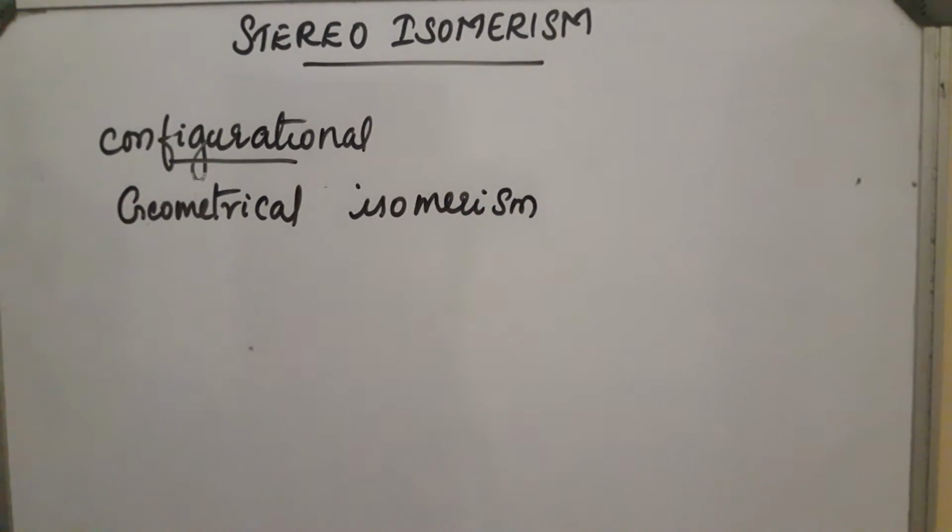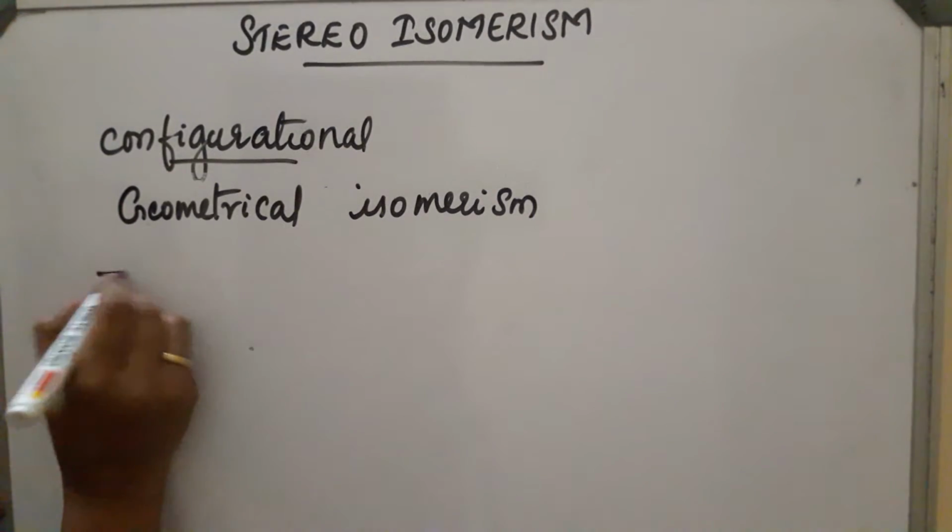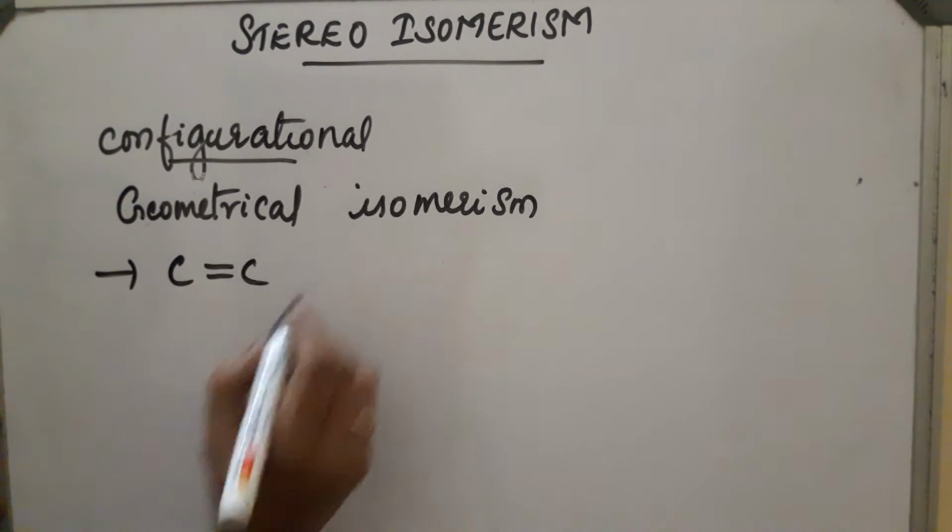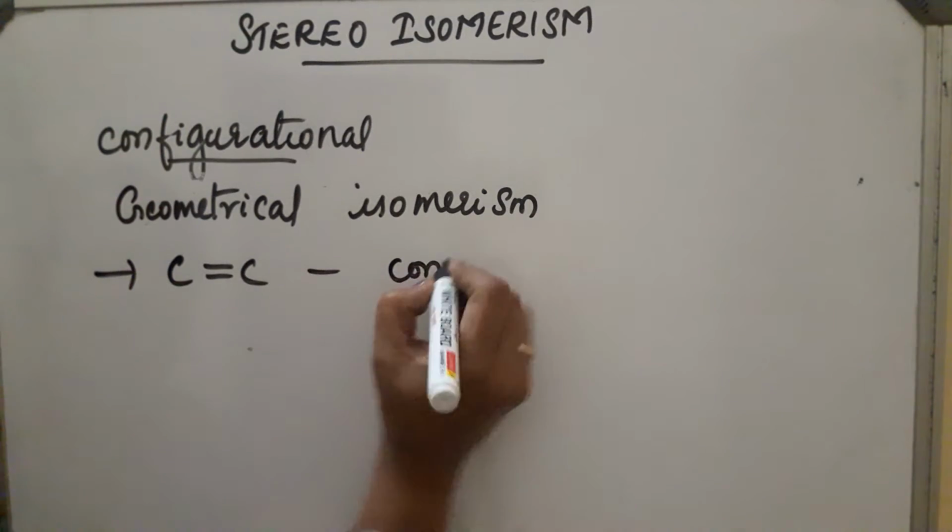This isomerism arises in compounds containing a C double bond C, compounds containing double bonds.